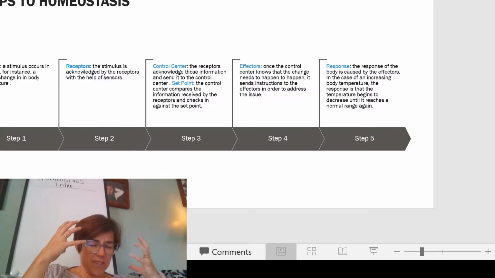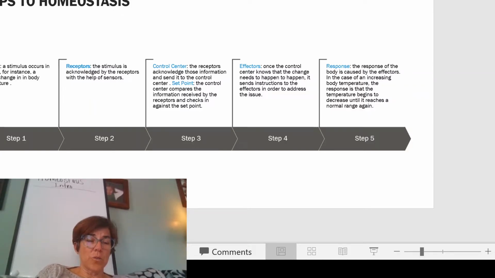The hypothalamus gets all of those messages and says, ooh, we're a little bit off the set point. I'm a little bit too warm, and the muscles definitely need more oxygen. So my effectors are going to be the response system that will then do step 5 and actually respond.